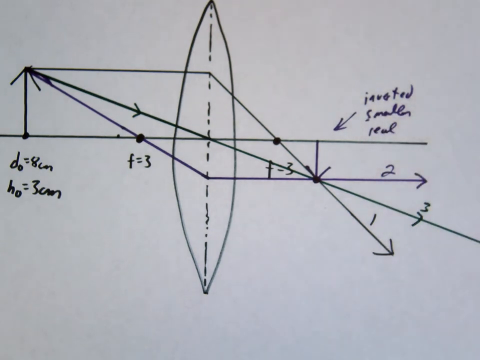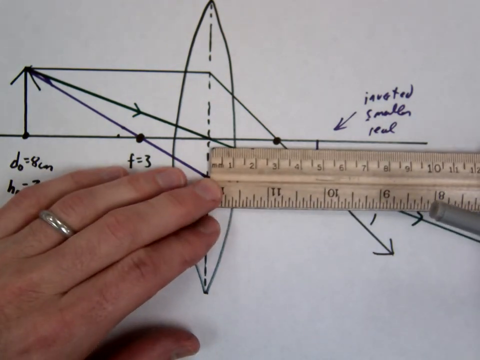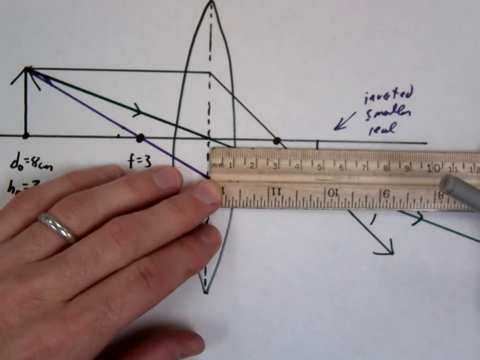Let's go ahead and make some measurements. Let's see how good our drawings are. So I'm getting a DI of about, looks like about 4.8.